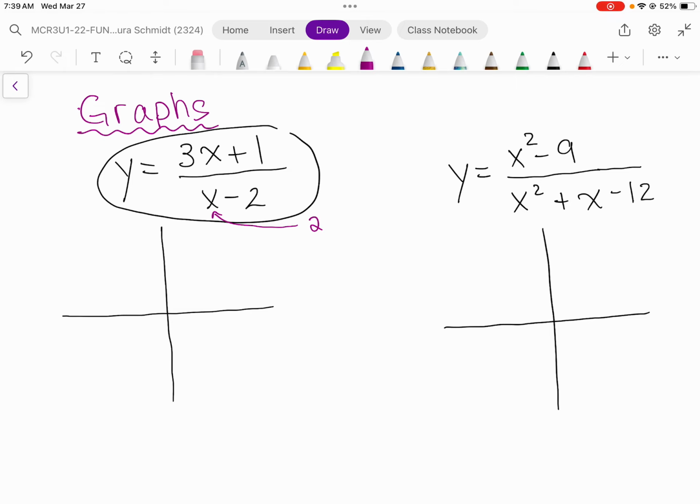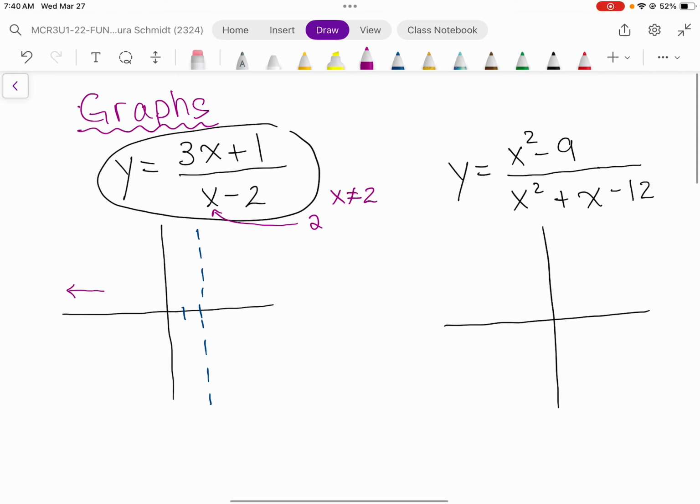It could also be an asymptote. That's kind of like a restriction. So in this graph, where x equals 2, will actually be an asymptote. A place where x can never equal 2. There's just going to be nothing there. So actually this graph is going to look something like this.